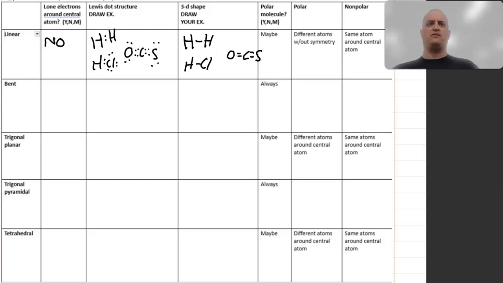As far as bent, do they have lone electrons? Yep, they do. Some examples of Lewis structures are your familiar water, or you could also have something a little more complicated.